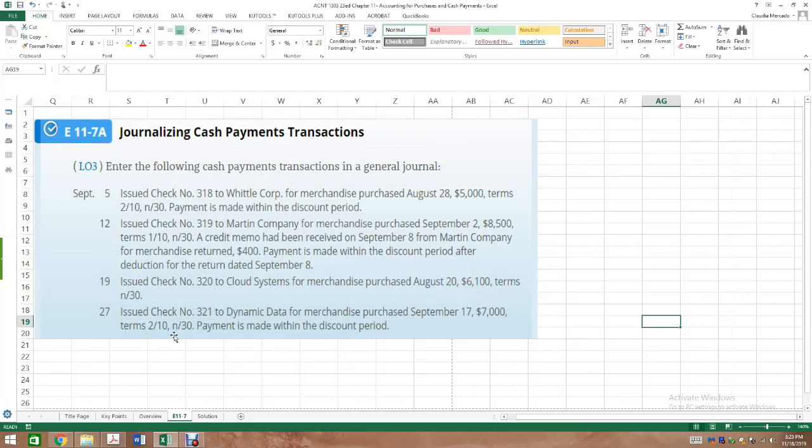Last transaction, you issue check number 321 to Dynamic Data for merchandise purchase on September the 17th of $7,000, terms 2/10, net 30. And the payment is once again made within the discount period.